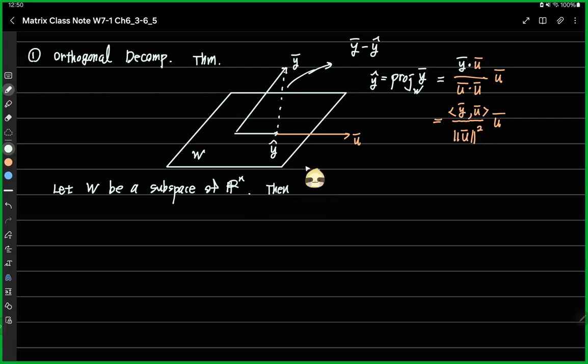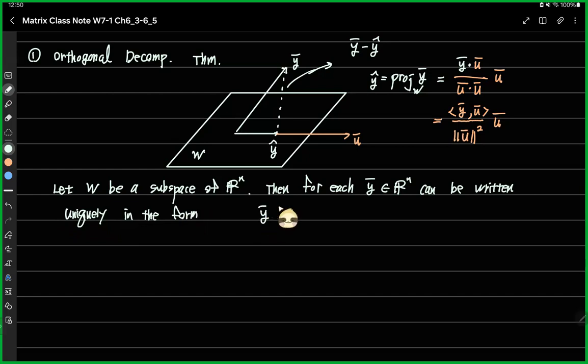Then for each vector y in Rn space, it can be written uniquely in the form y is equal to y hat plus vector z.